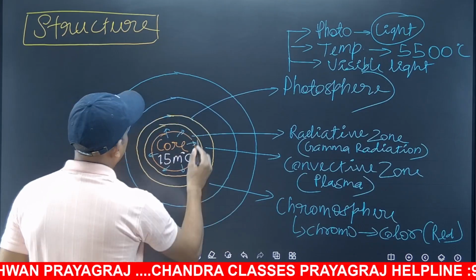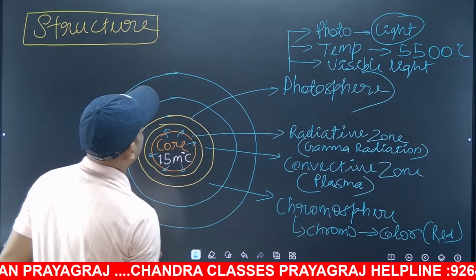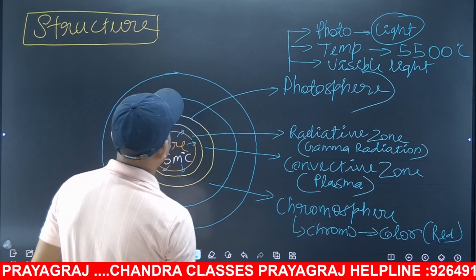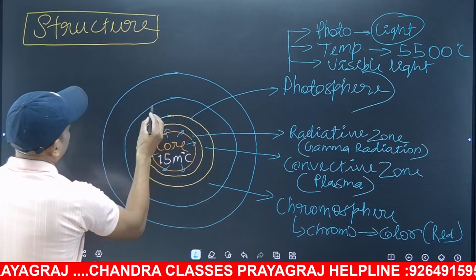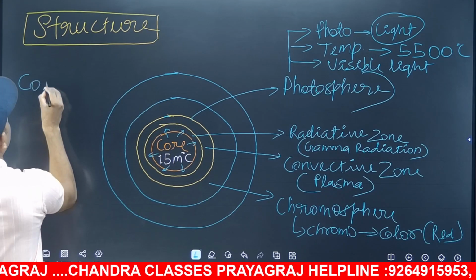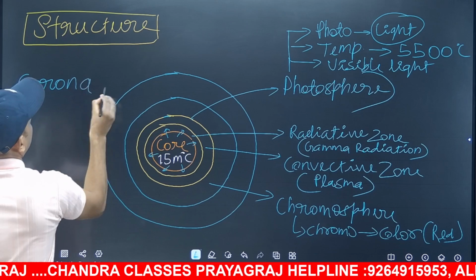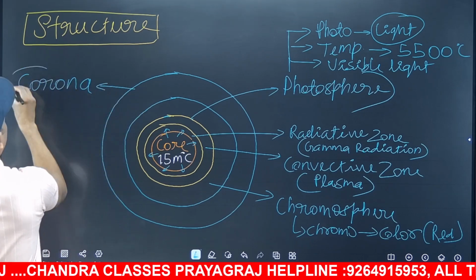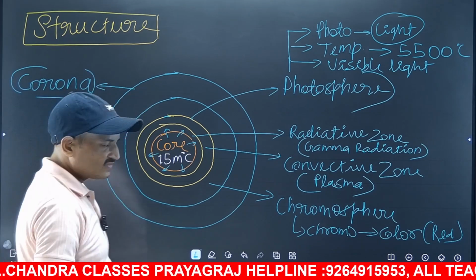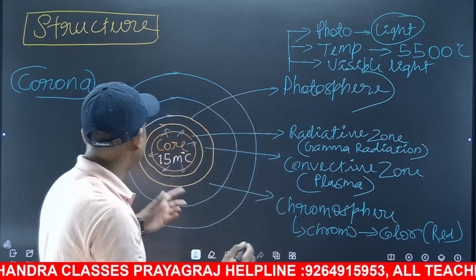Then the last, outermost layer is known as corona. Now, how was this named?